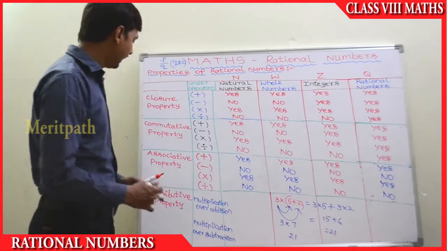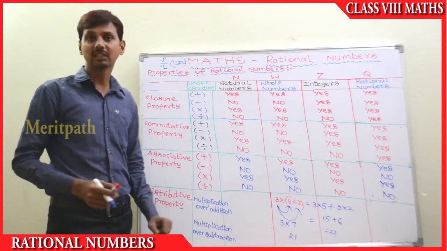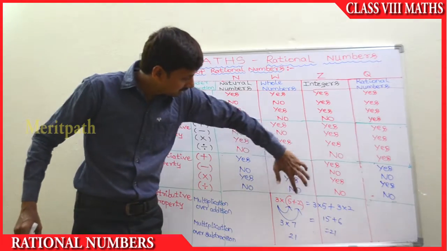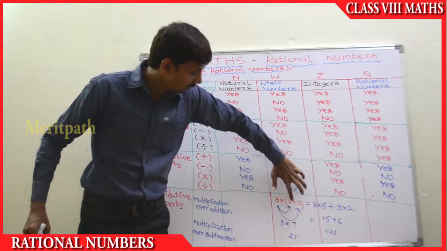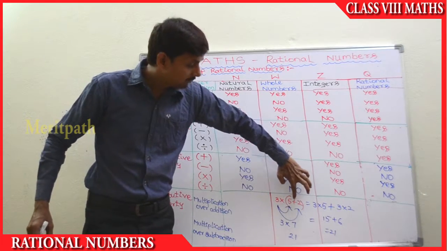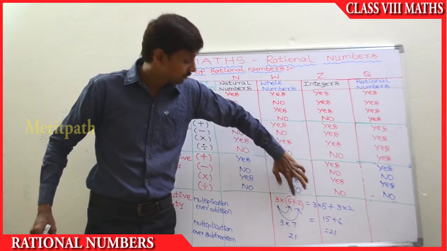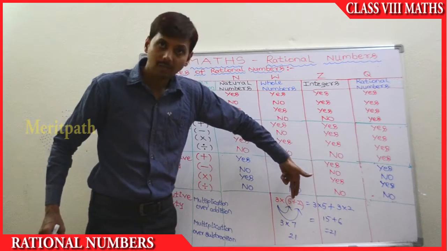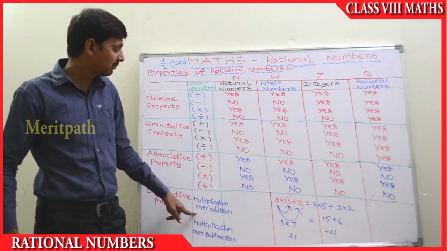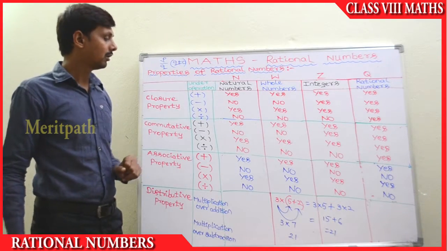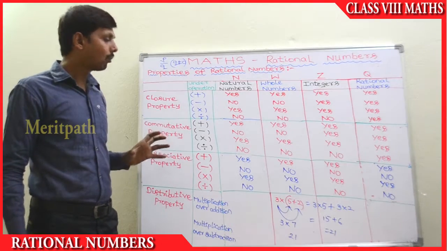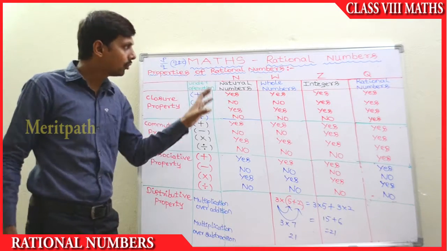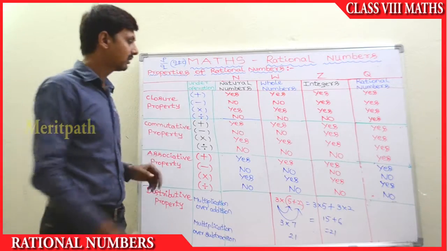On both sides we got the same result, and we say distributive property, multiplication over addition. This is because there is a plus symbol in the brackets, so multiplication is done over addition. That is the reason we call it multiplication over addition. We take this over natural numbers, whole numbers, integers, and rational numbers.